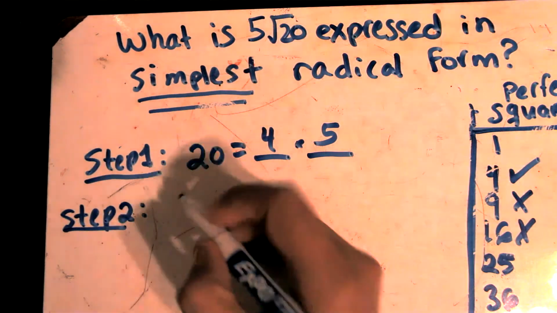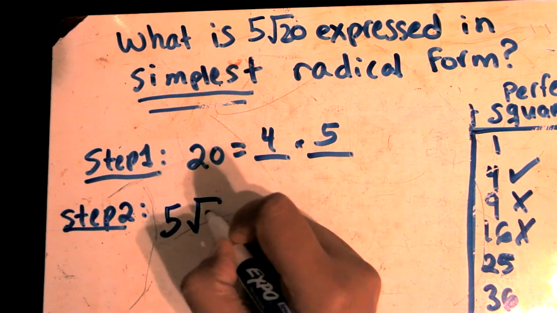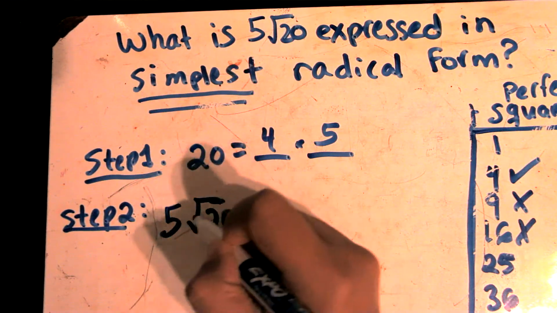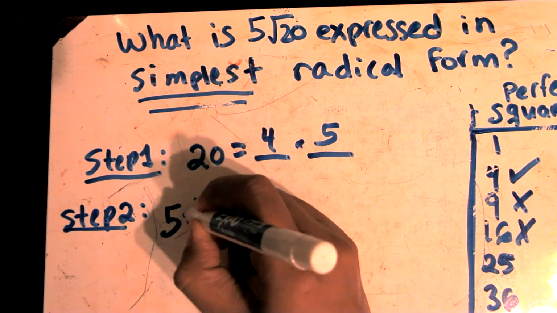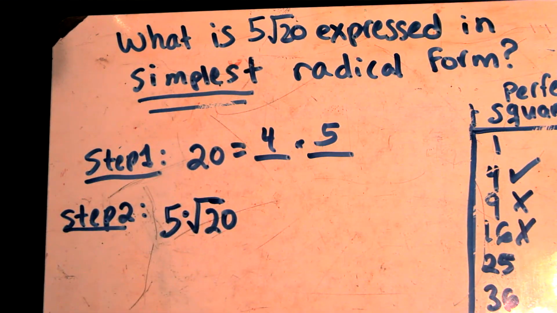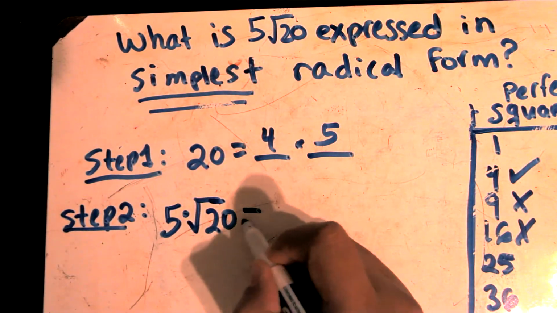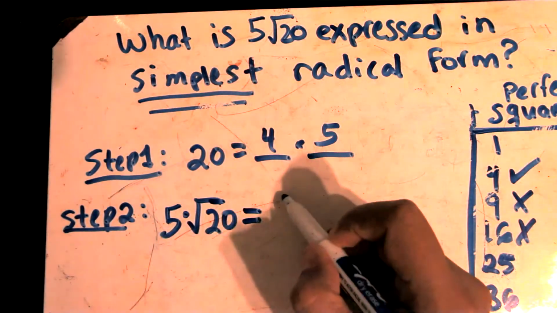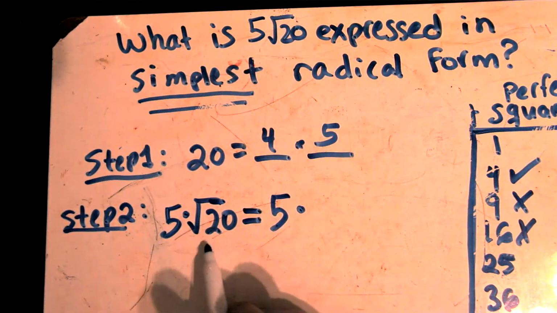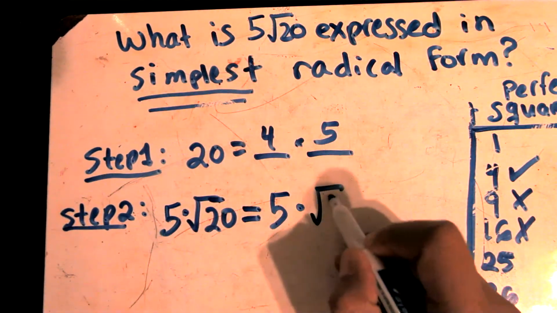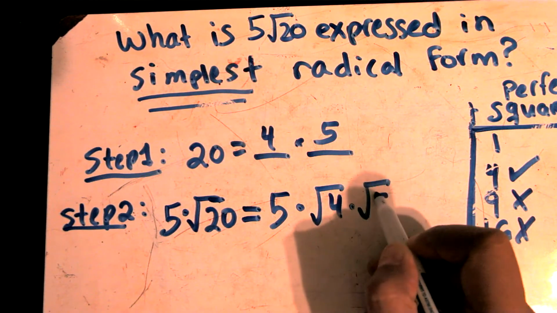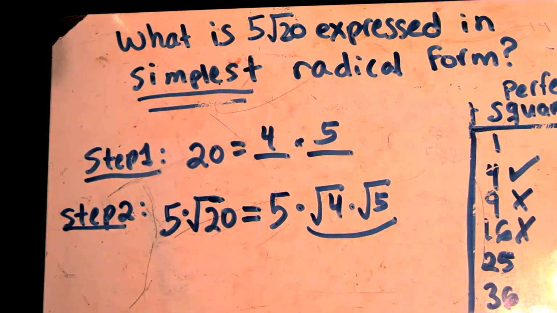So now we're going to rewrite the problem. I'm not going to forget that really there's invisible multiplication between the coefficient 5 and the square root of 20. 5 is the same, but then radical 20 gets replaced by radical 4 times radical 5. Why? Because 4 times 5 is equal to 20. So the 5 doesn't go away.